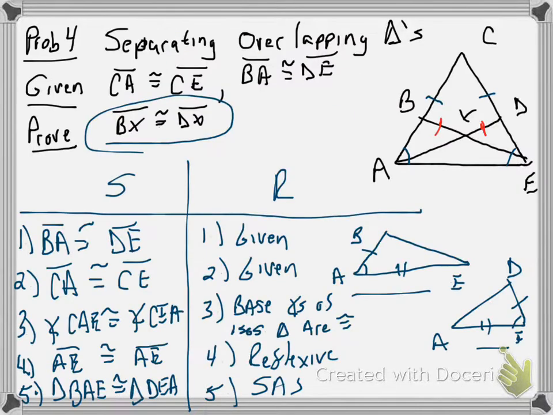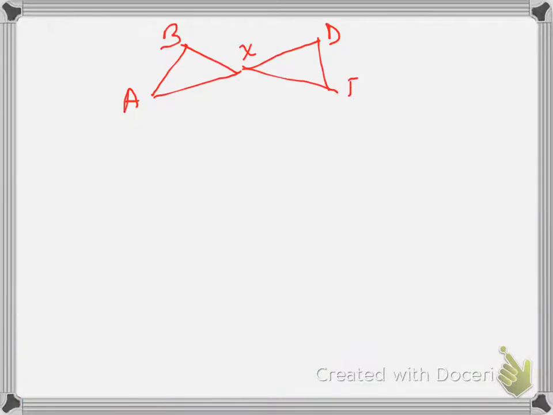Now, if we go back and look at the triangles we proved congruent, since I have these triangles congruent, I can say that angle BAE, which is right here, ABE, well, ABE is congruent to angle EDA, which is right here. So by CPCTC, this angle is congruent to this angle right here. Remember, we already have this side and this side congruent from given.